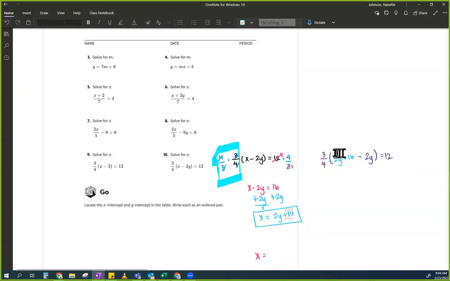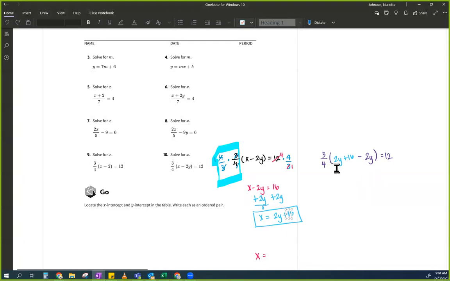Does anybody see anything that happens on this side? Anything at all? What do you see happening here? The y. So the 2y and a negative or minus 2y cancel out each other, and then you're left with a 16. Very good.